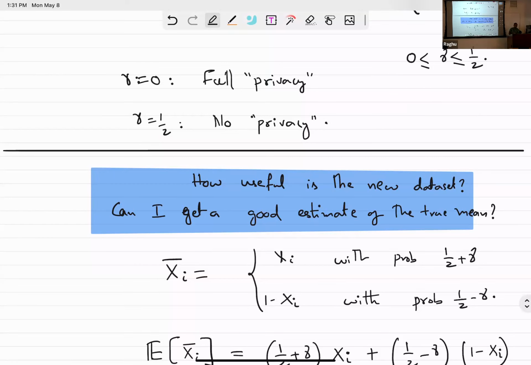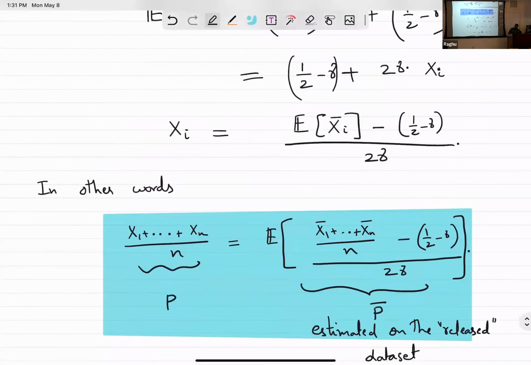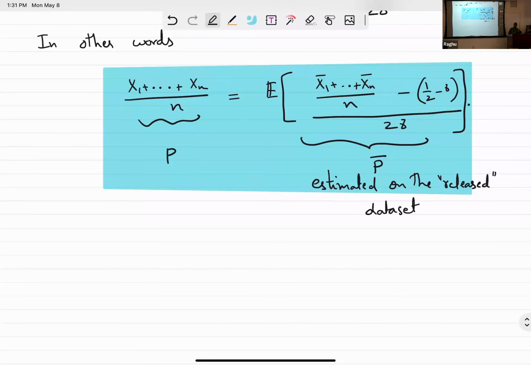Okay. So what can we say about how close P will be relative to P bar? Intuitively, what should happen as n increases? Should you get better and better estimates or worse and worse estimates? Better and better, right?